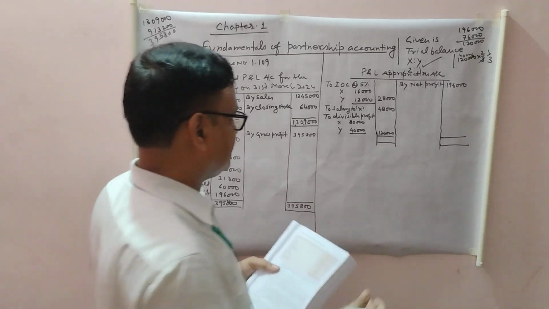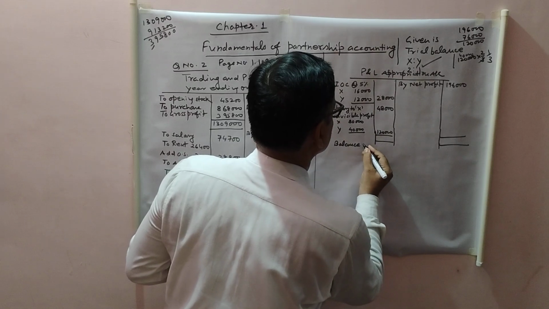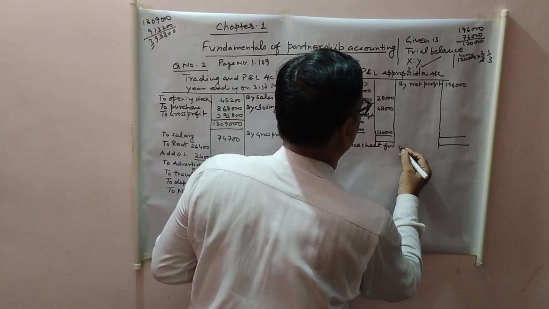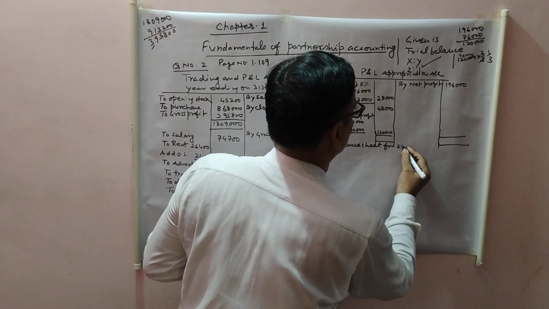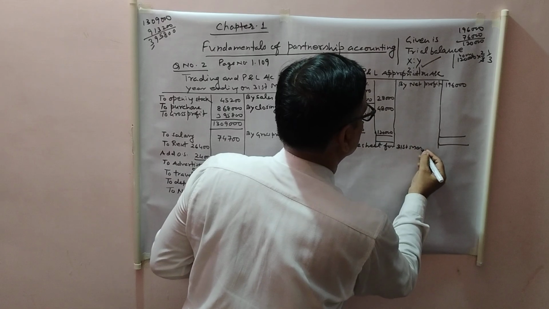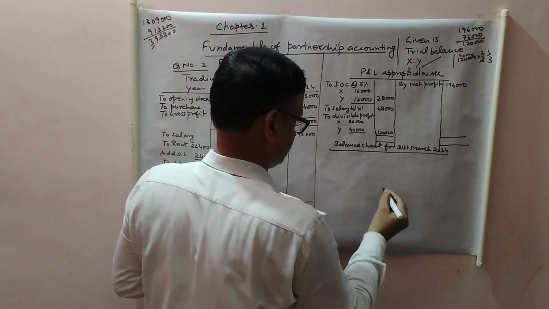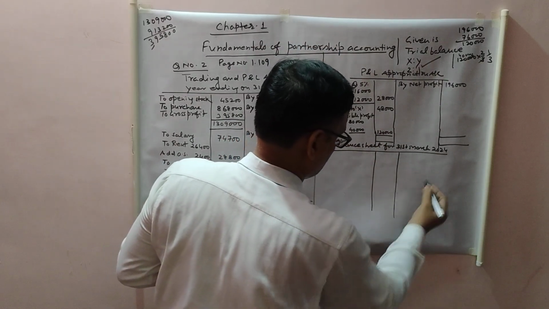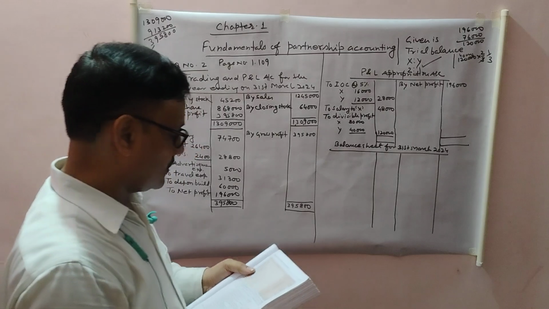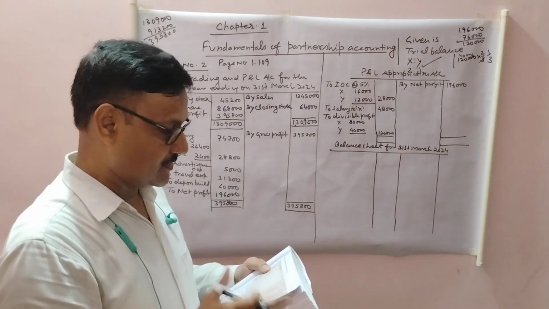Let us prepare the balance sheet of this partnership firm, as at 31st March 2024. What items will be included in the balance sheet? Let us see once again the trial balance.